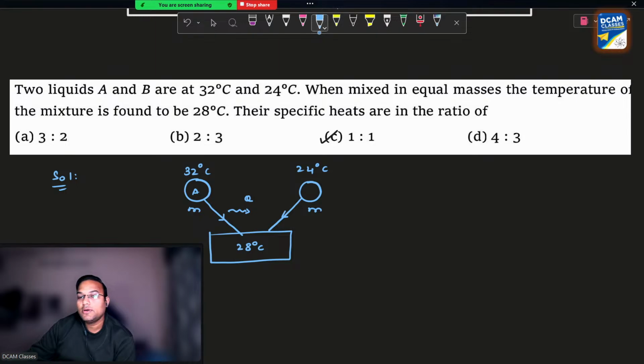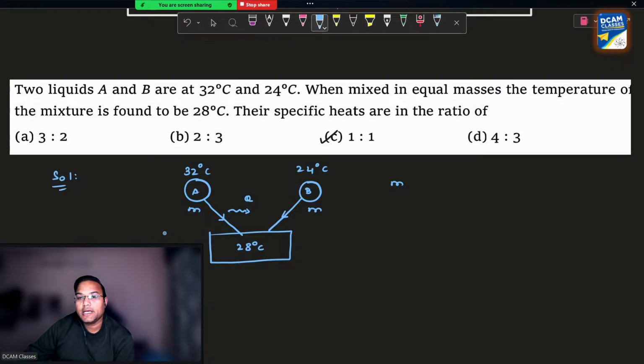So the equal amount of heat it should have gained, because when it is mixed, heat is not lost from the system. So the amount of heat which is lost by A has to be gained by B. That's the actual concept.